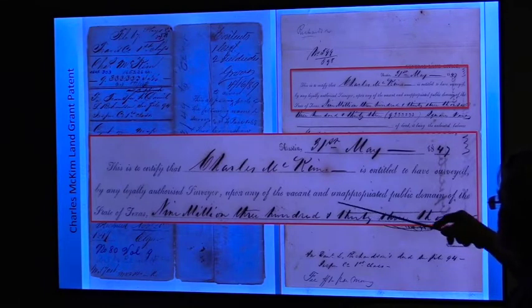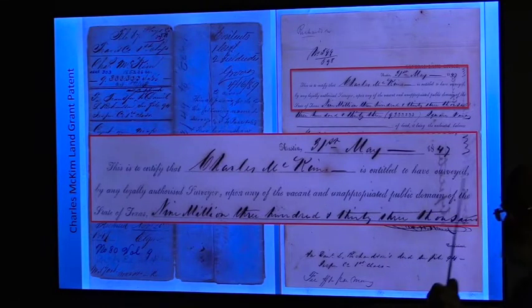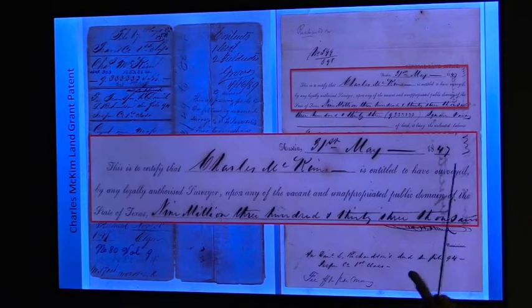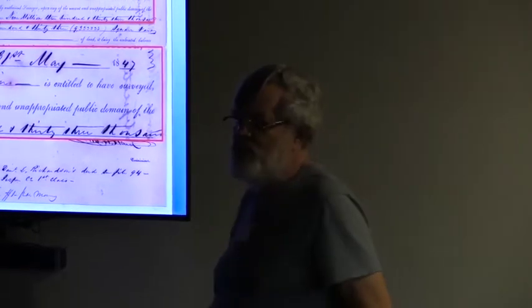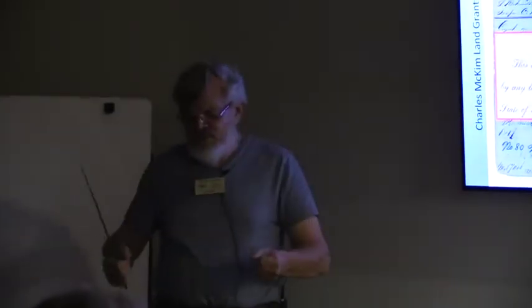The point is, vacant and unappropriated included all the Indian land, anything that wasn't owned by a white man was vacant and unappropriated.